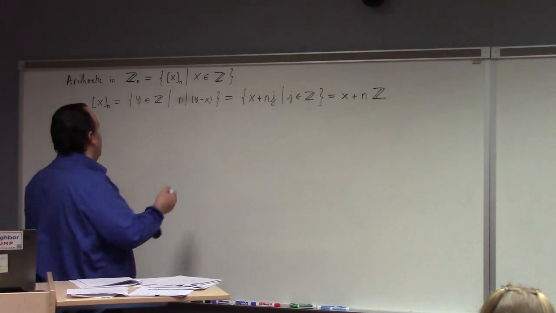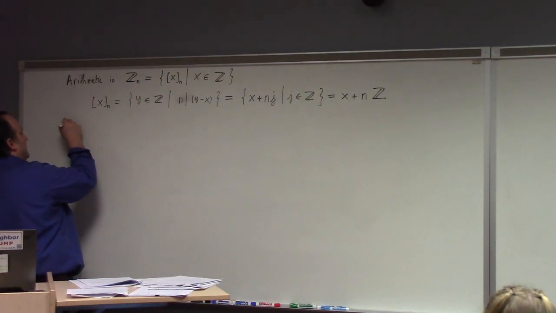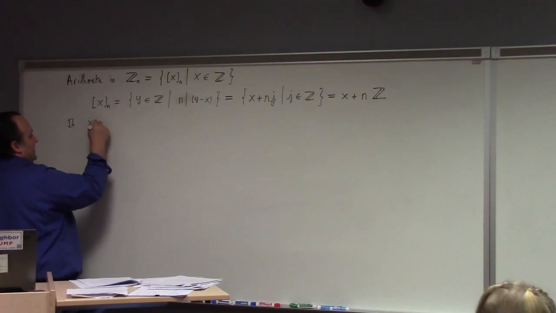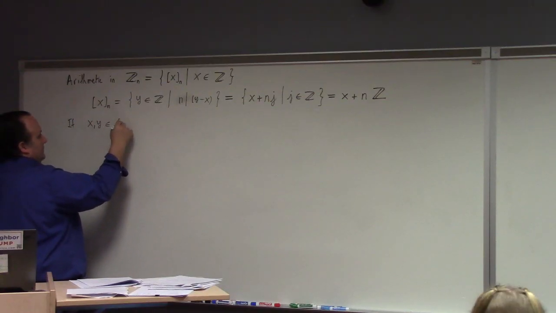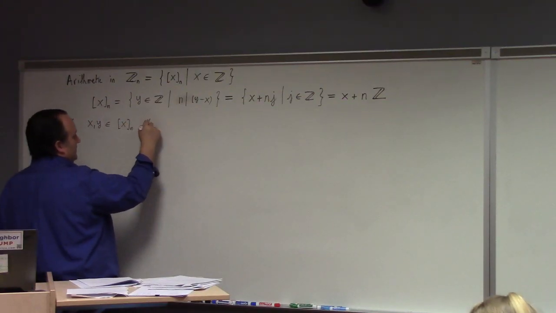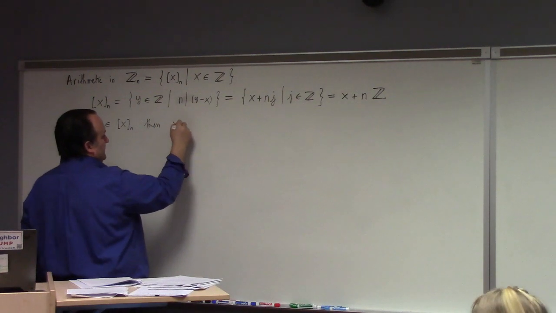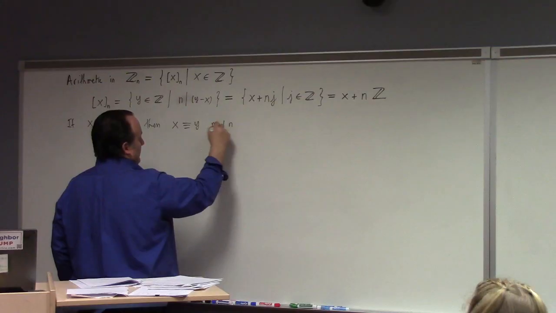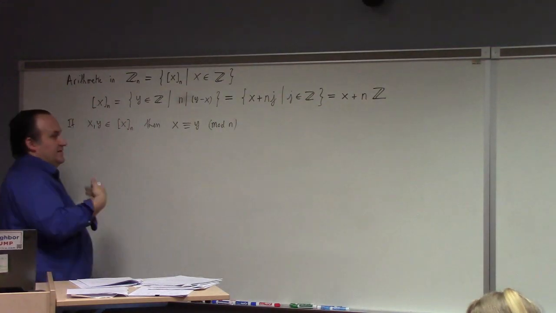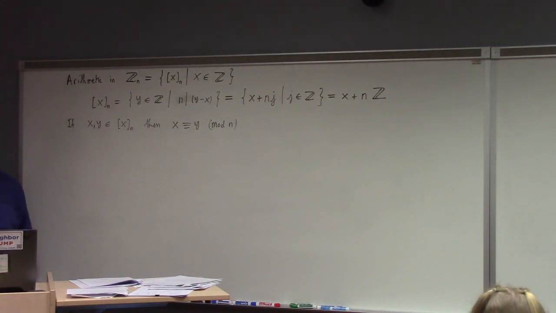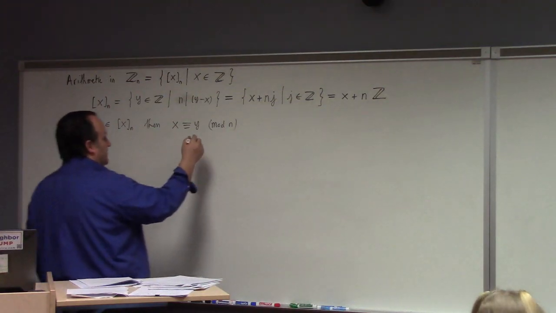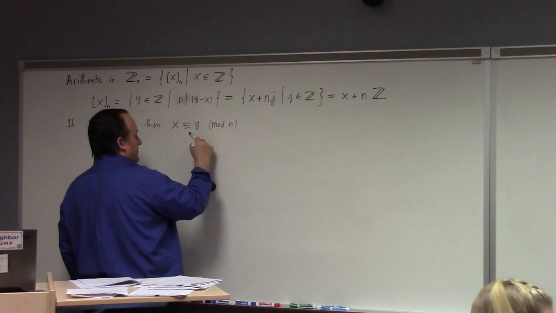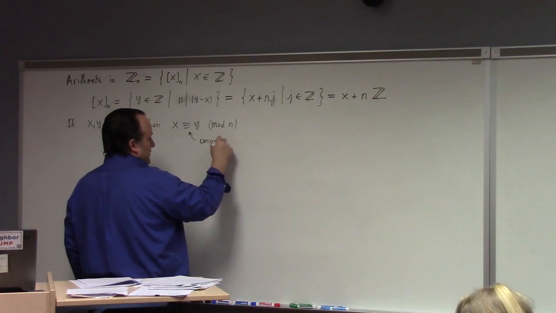Also, another thing we can say is that if x and y are in the same equivalence class modulo n, then x is congruent to y mod n, all right? So if you don't want to write brackets and you'd like to replace equalities with congruence, you can do that. And some people prefer to work more in the world of congruence as opposed to equality.